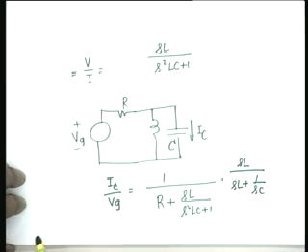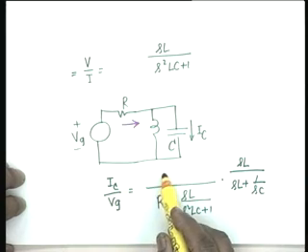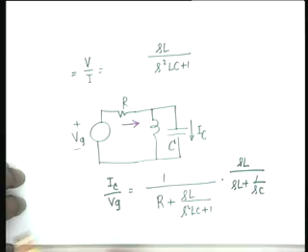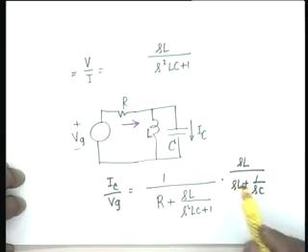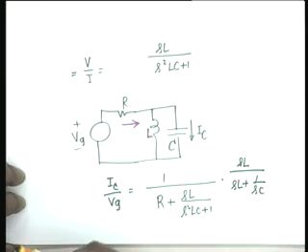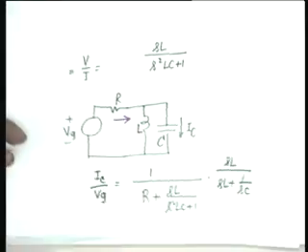Is that okay? What I have found out is the total current first, that is Vg divided by the total impedance, then this current splits into two parts, SL divided by SL plus 1 over SC. I can write this down by inspection. This is the transfer admittance.